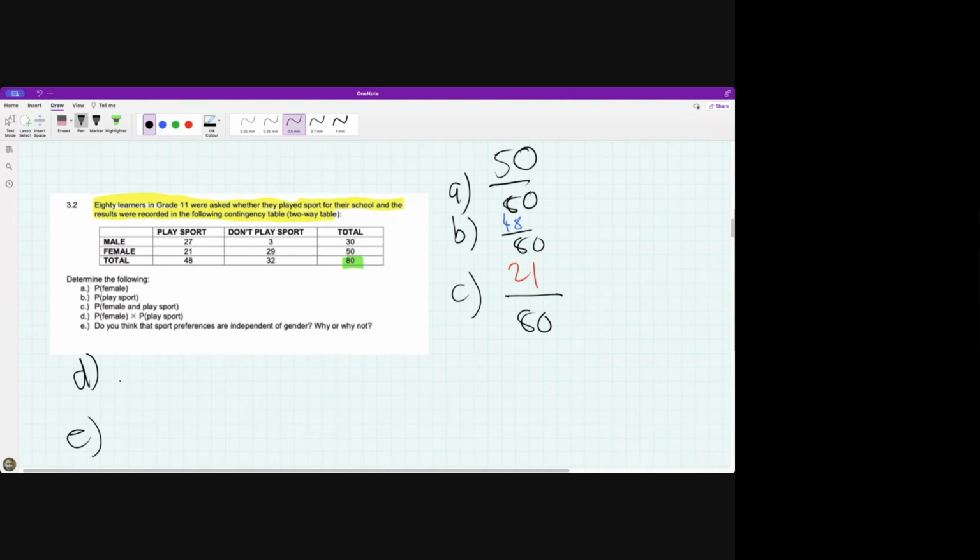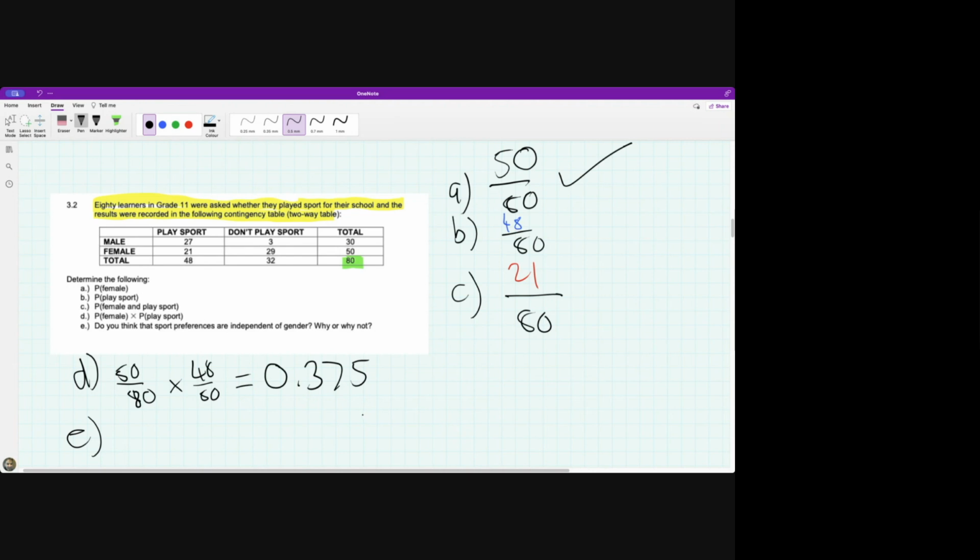So that was the first one, 50 out of 80. Play sport was 48 out of 80. Now, what's that as a decimal? I'm getting 0.375.